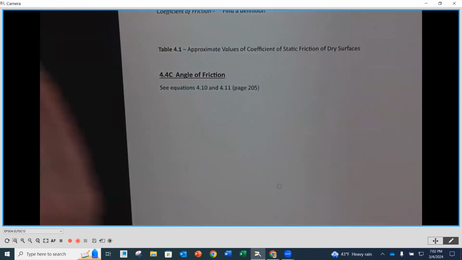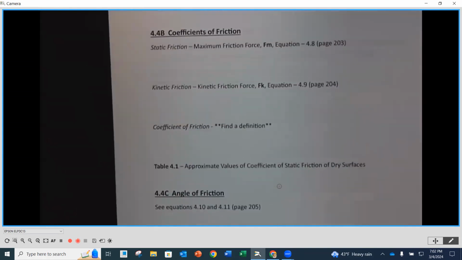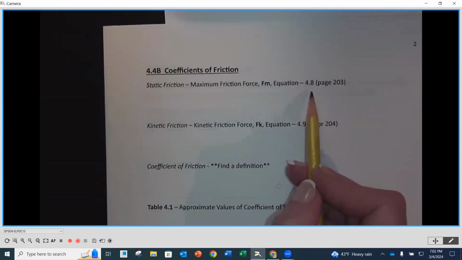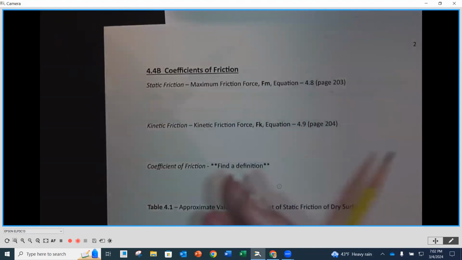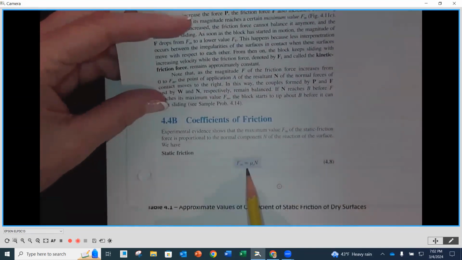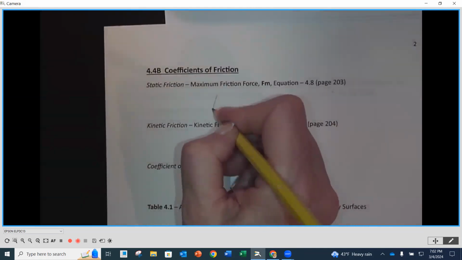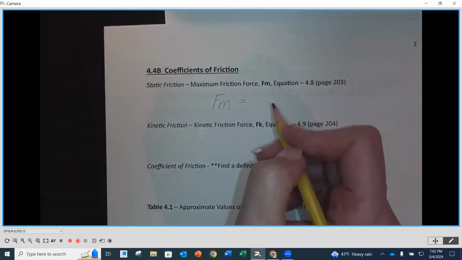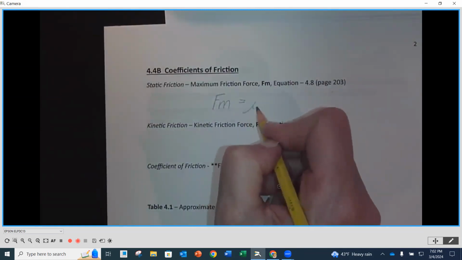So then at the top of the next page, what I want you to do is let's write down those equations for static friction, for the maximum friction force, and then also for the kinetic friction. This is found on the bottom of page 302. It's equation 4.8. So maximum friction force is going to be capital F sub M is equal to the symbol for friction, the coefficient of friction, which is mu.